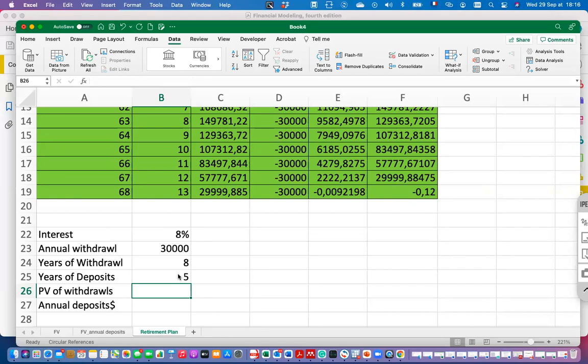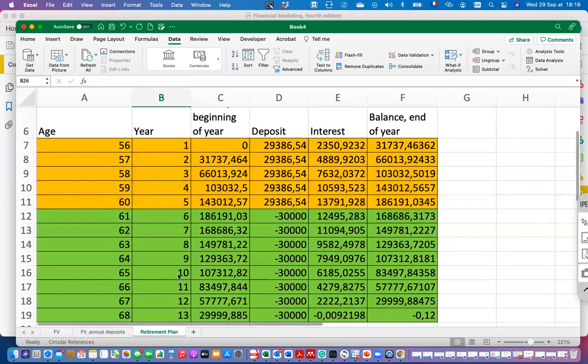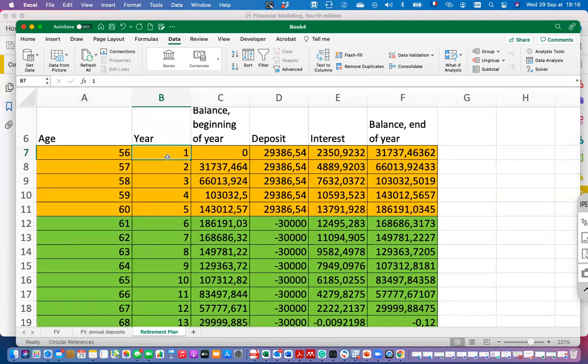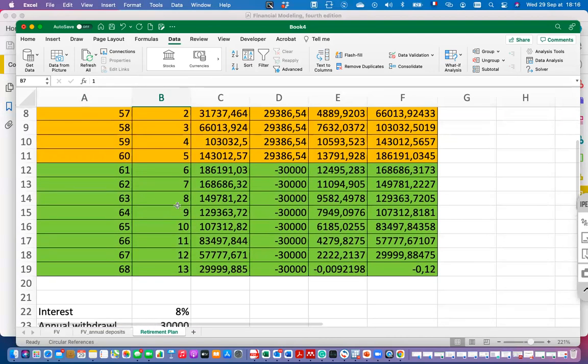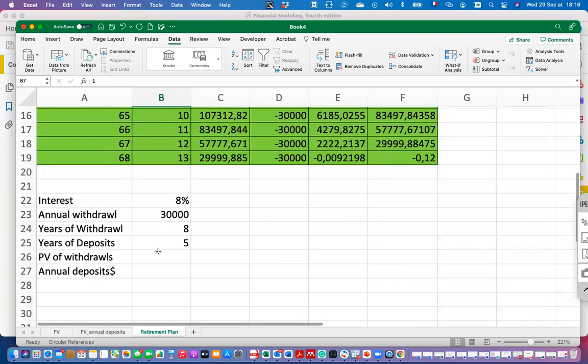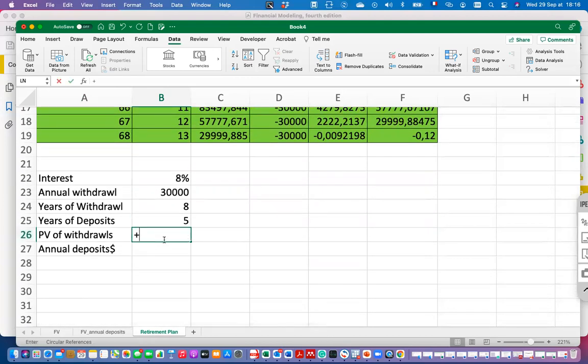Everything is okay? Now, the next step is to compute the present value of the withdrawals. By present value, I mean the value of withdrawals at T0, at the beginning of year 1. So here we will use the PV function, the present value function.